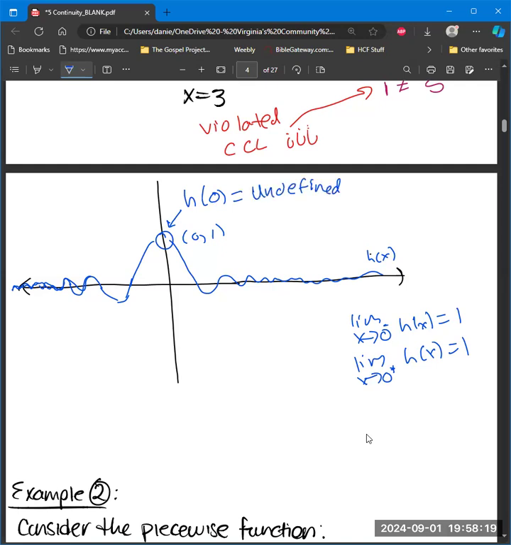So it's discontinuous there because it violates continuity checklist part 1.